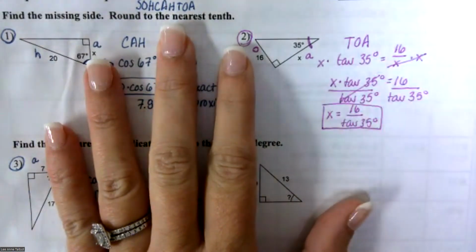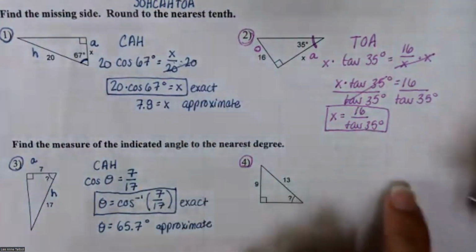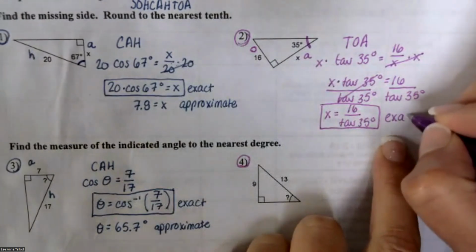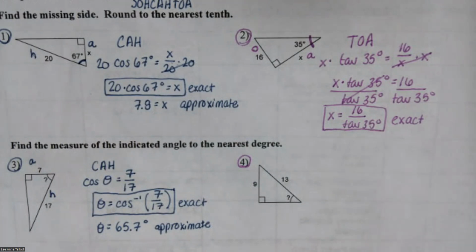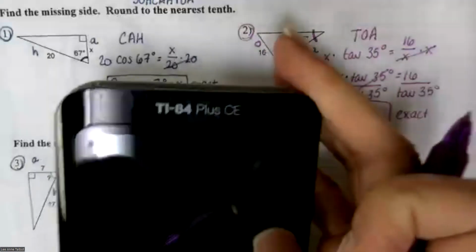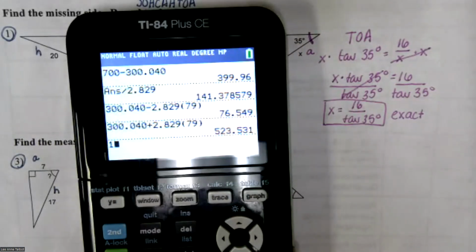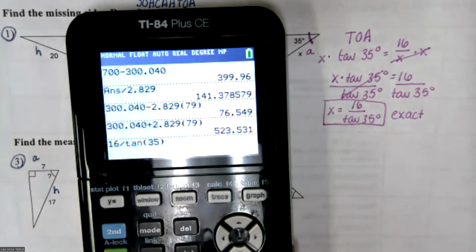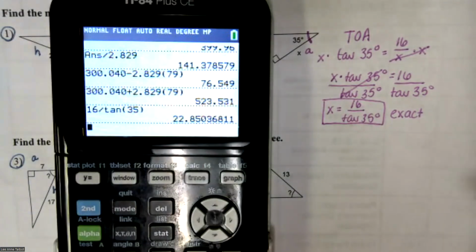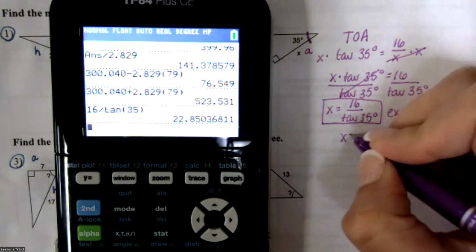I just need you to know that it's division, not multiplication. Okay. And then here, 16 divided by tan 35, 22.9.